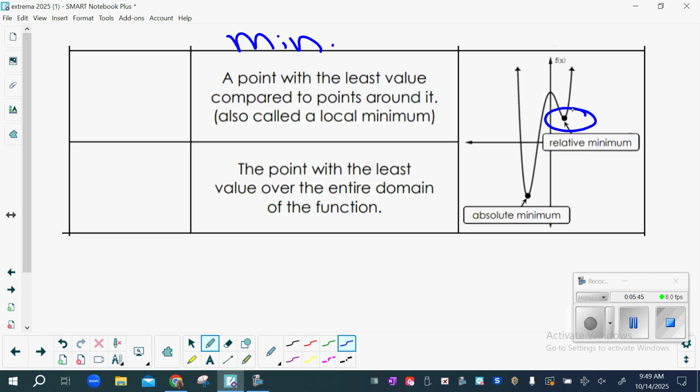That's called a relative minimum. Not bad, not bad. If you, though, go with James Cameron in his titanium-built sub and go all the way down to the bottom of the abyss, that is the absolute minimum, and that is impressive, right?